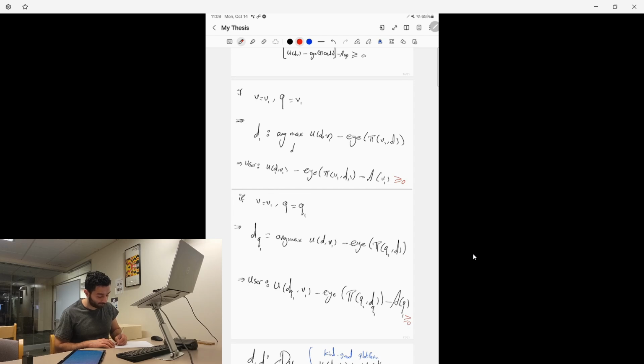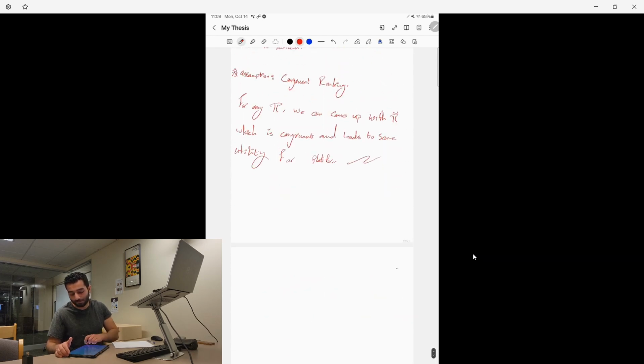And if V equals V2, Q is V_Q1, then the user's utility will be, so he will choose the same object. That's it. If we have a congruent list, we know that the user's choice doesn't change as long as we are staying positive.